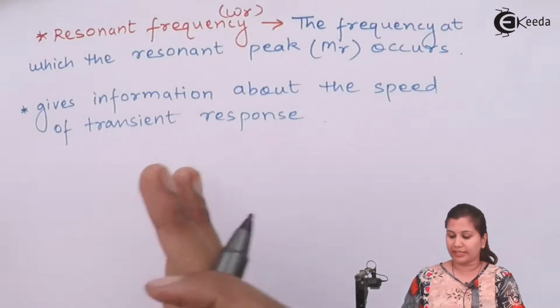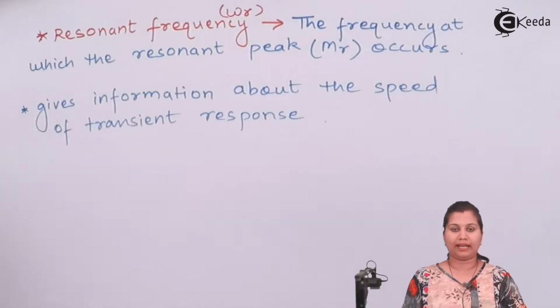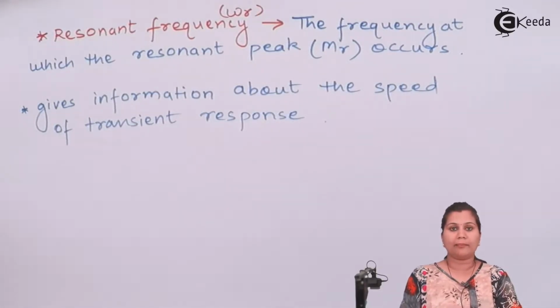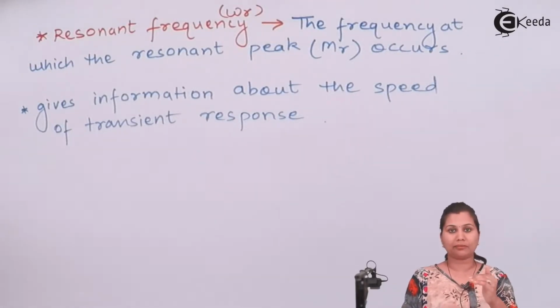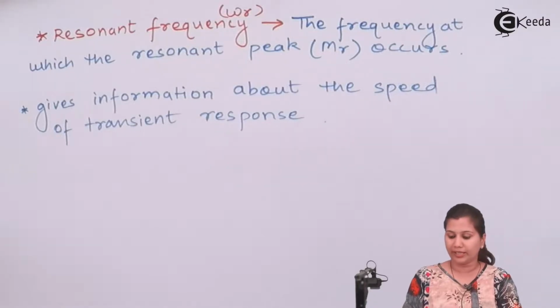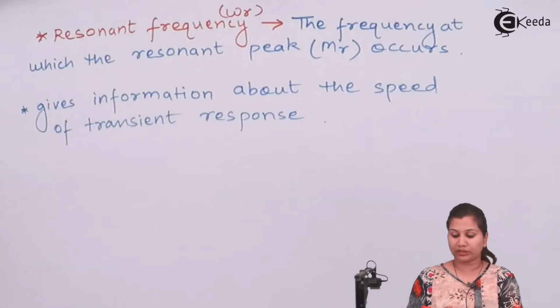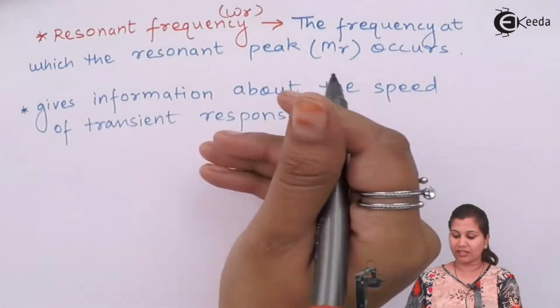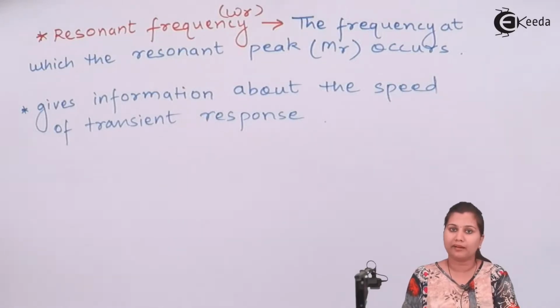If the resonant peak occurs in a very short time, like when we have started the system and within 10 seconds it reaches its maximum peak, it means the speed of the system is very fast. So this resonant frequency gives us information about the speed of the transient response, that is, how fast the system attains its maximum value.